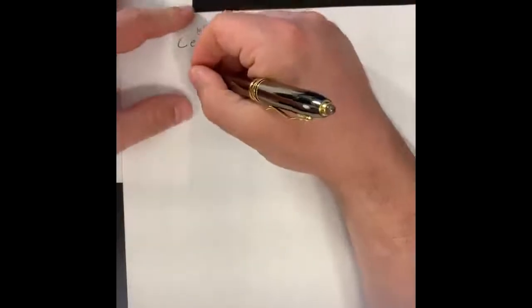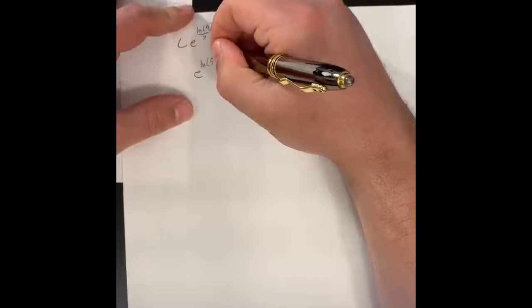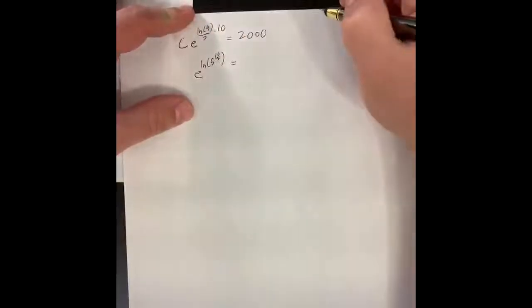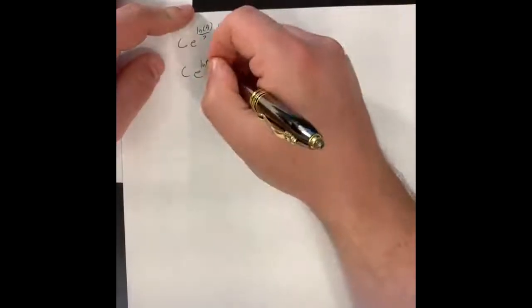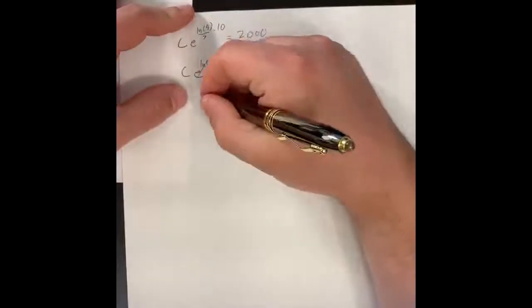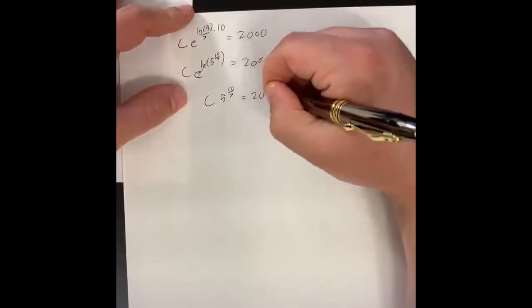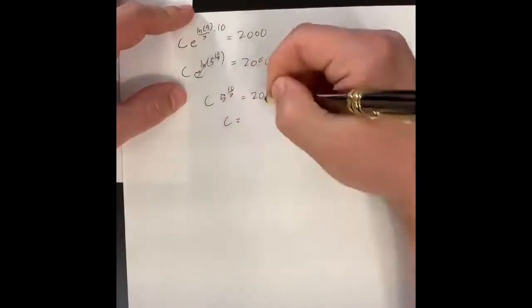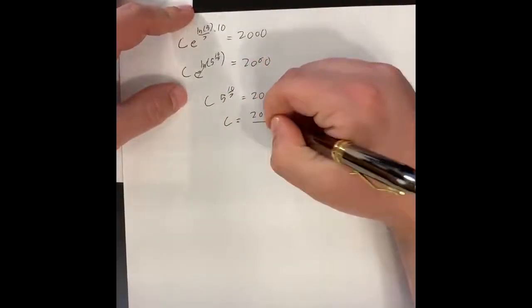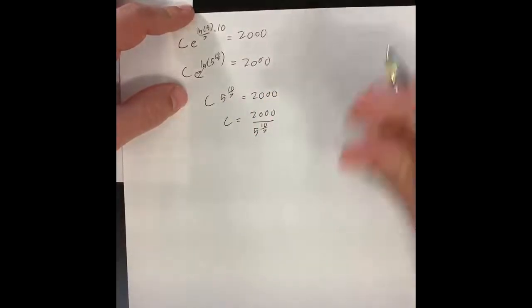So this is like e to the natural log of 5 to the 10/7 power, times c, equals 2000. And then the e and the natural log cancel, so we're left with c times 5 to the 10 over 7 equals 2000. Then we just divide, and our c is equal to 2000 divided by 5 to the 10 over 7.